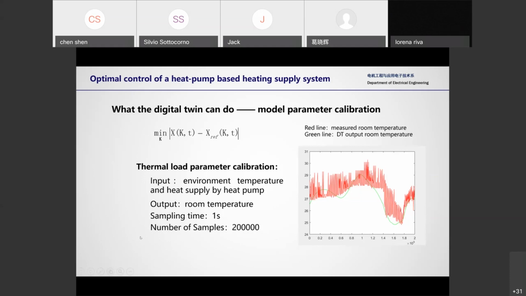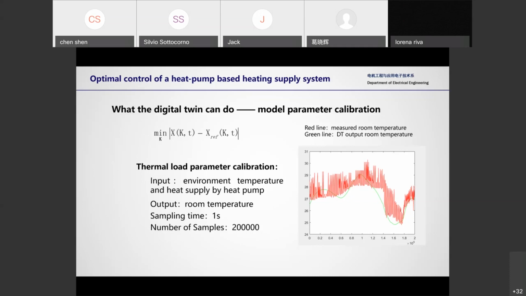And we can simulate the room temperature with the digital twin. Then we compare the simulated room temperature with the measured temperature and try to minimize the difference between the 2 temperature curves by tuning the parameters of the digital twin.